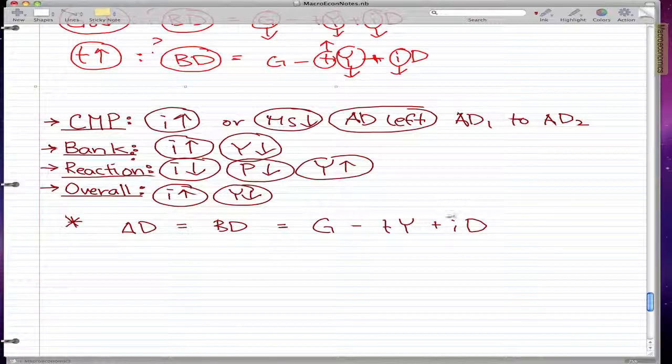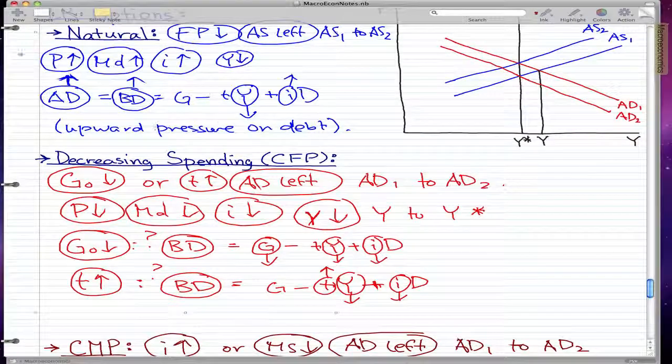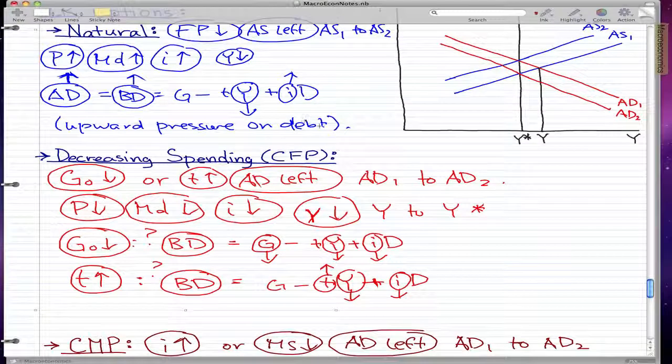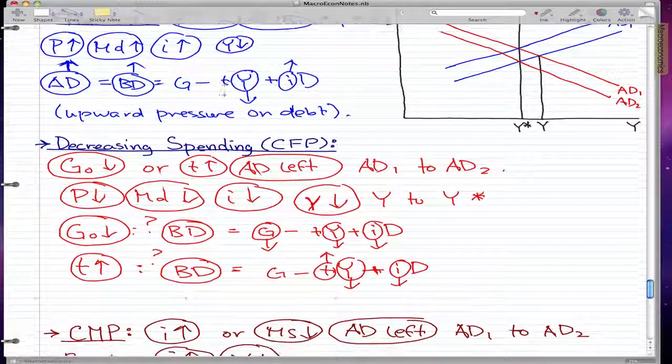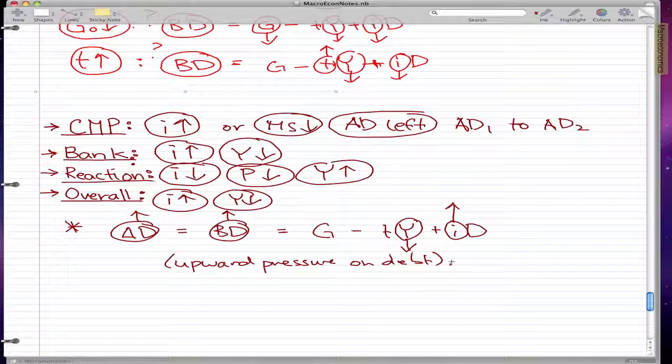So I has risen, Y has fallen, and this will indicate that BD has risen and change in debt has risen. Same thing as our upward pressure in debt for our natural do nothing option of fixing the inflationary gap. And that is there is an upward pressure on debt. And this is all I'm going to teach you for this video.